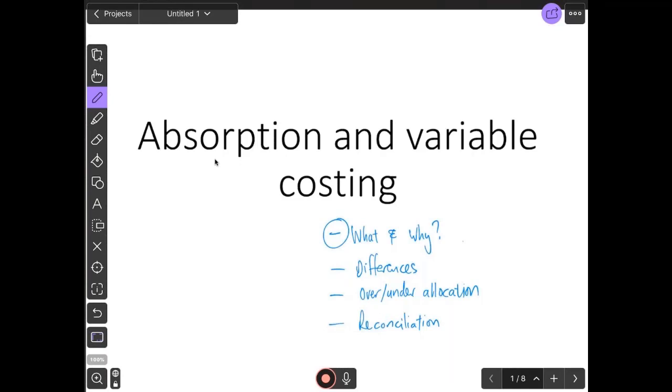And then the differences between absorption and variable costing questions thereafter will be so much easier, and you'll score so many more marks. Students miss very simple marks because they don't really understand what in this topic is important to understand. Then we'll chat about two topics that so many students struggle with: over and under allocation of fixed manufacturing overheads and the reconciliation between absorption and variable costing.